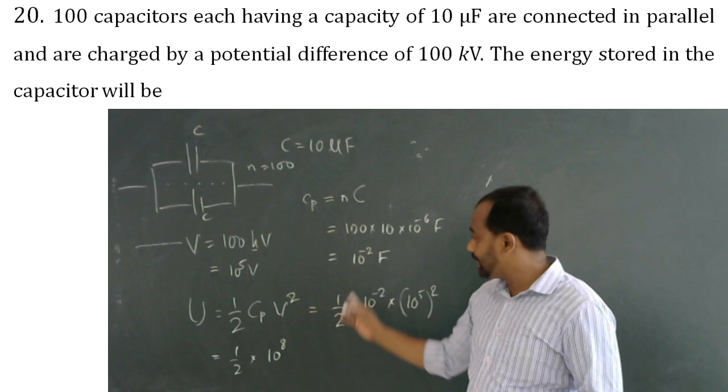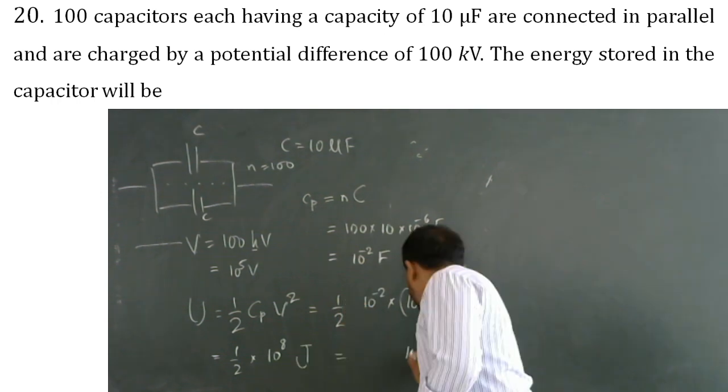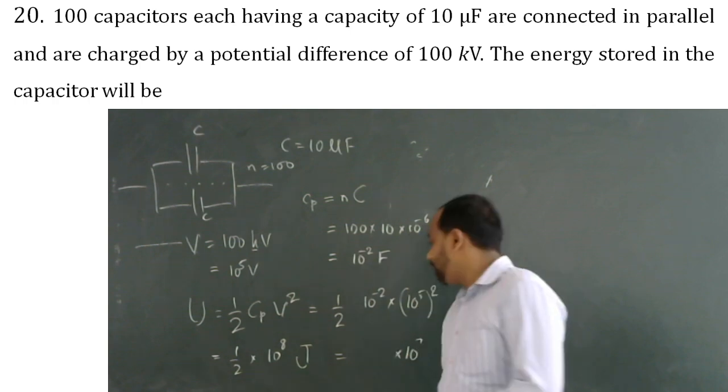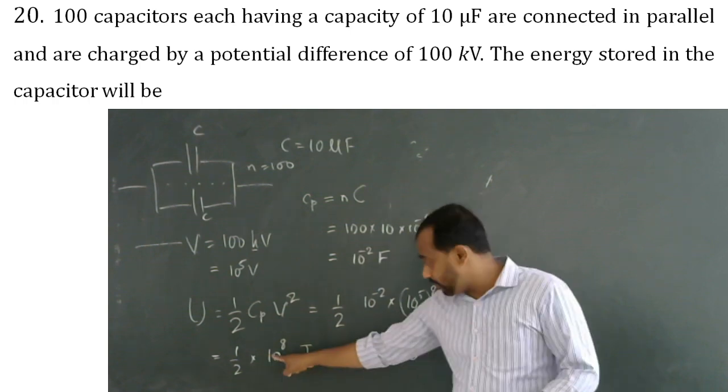But instead of writing 10 raised to 8, I will write it as 10 into 10 raised to 7. Once we split 10 raised to 8 as 10 into 10 raised to 7, we have to multiply it with half, or divide it by 2. So 10 by 2 will be equal to 5. So the answer is 5 into 10 raised to 7 joules.